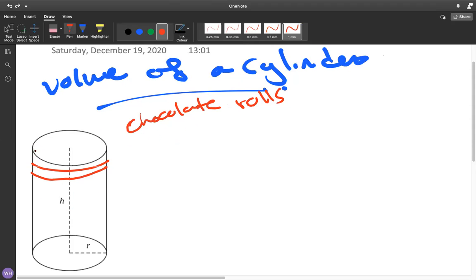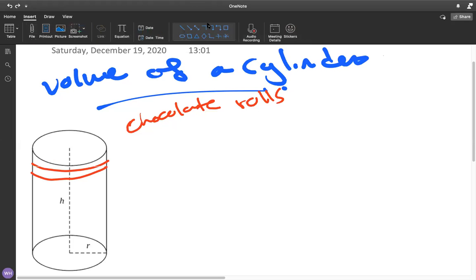So if you slice it much closer, if you slice it further, what happens? The thickness becomes very small, and what do we end up with? Yes, we will meet up with circles, isn't it?